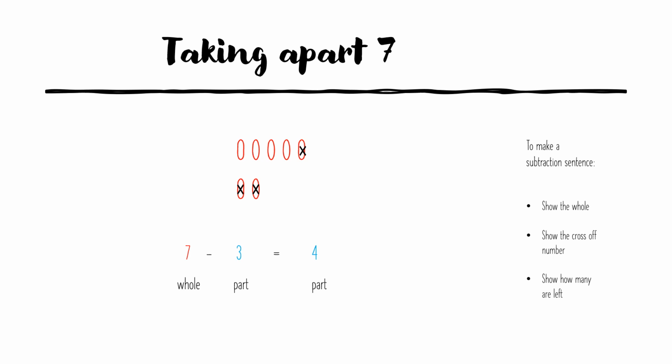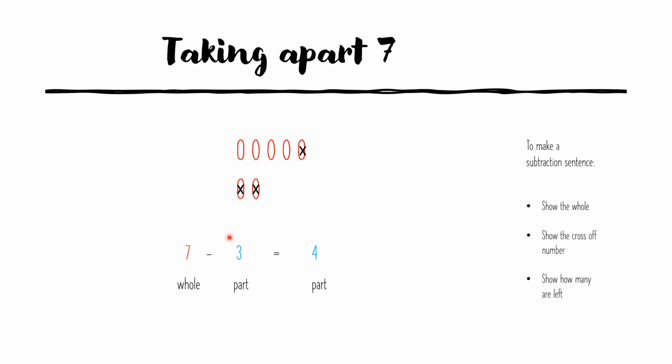Kindergarten, give a thumbs up if your equation looks similar to mine. Good job. Did you start with the whole? Perfect. Our whole was 7. 7, take away. How many circles did we take away? We took away 3 circles.